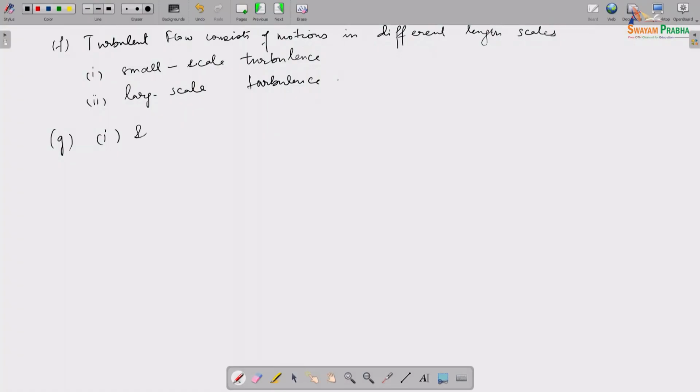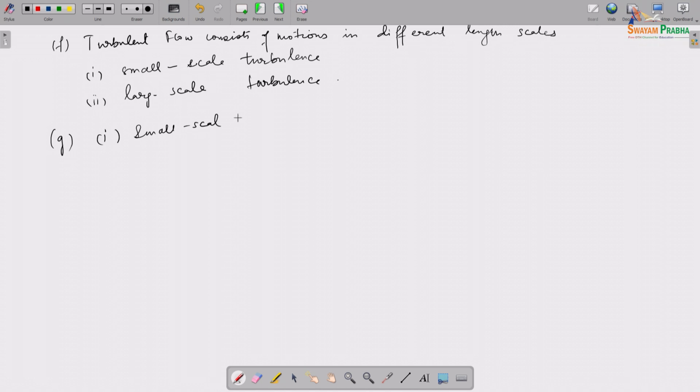Okay. So small scale motions depend on the rate at which they receive energy from large scale motions and viscosity. These are independent of flow geometry. I'm going to just write these down, and slowly as we move in, you will see that things will explain themselves, as we discuss.